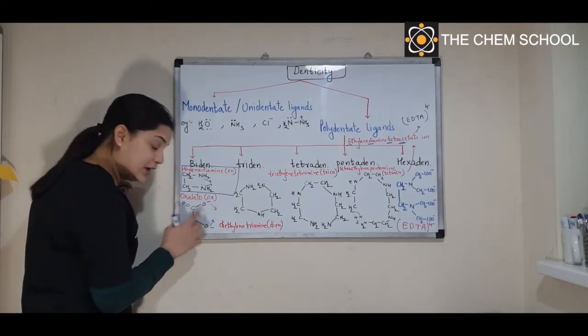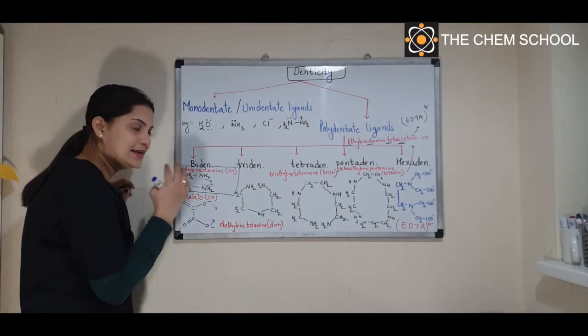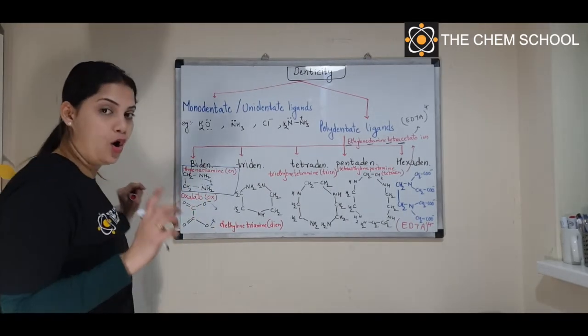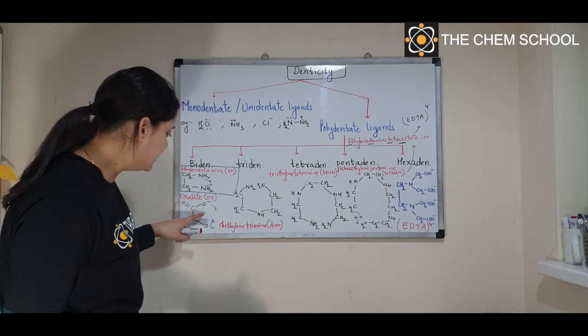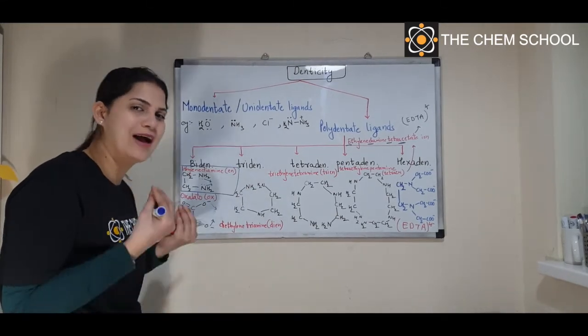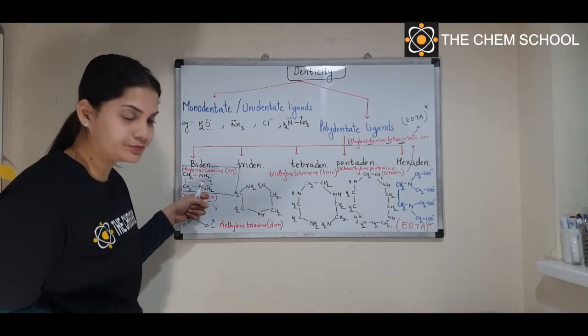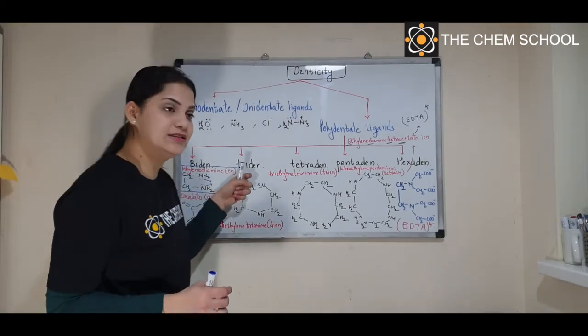So it is donating 2 negative charges. So oxalato can be represented by the symbol OX, and it is anionic because negative charge is getting donated, or in the molecule you have a negative charge. So it is anionic bidentate ligand. Clear?